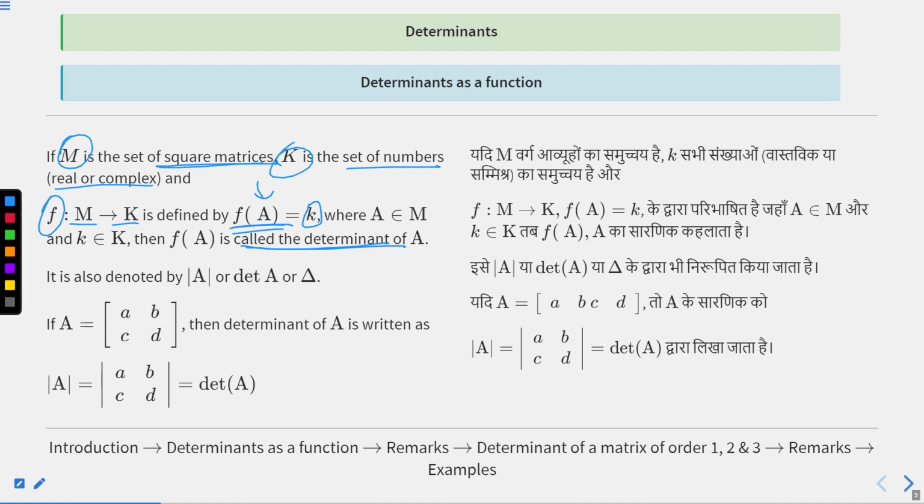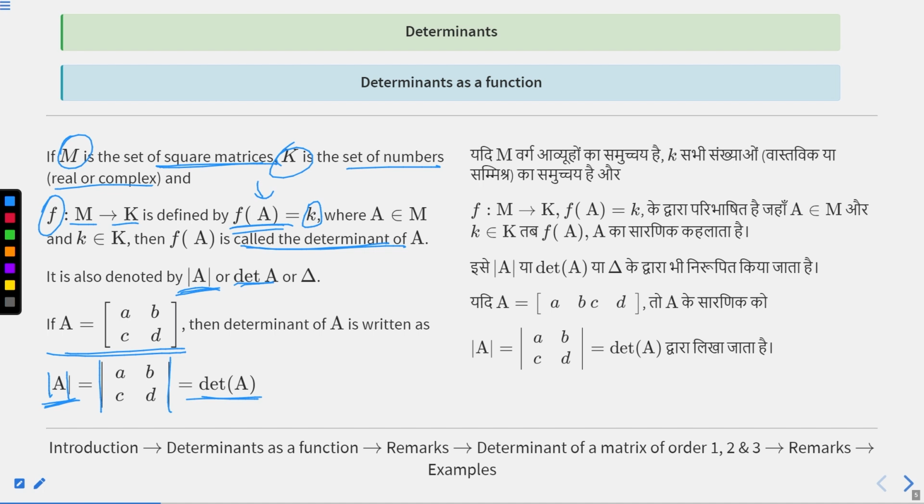And this will be denoted by these two lines. Between the two lines we will write A, and do not confuse it with modulus; it is the determinant sign. Determinant A, or det A, or the delta symbol. Determinant of A can be written like this, in other words.